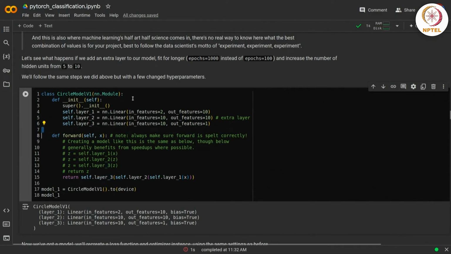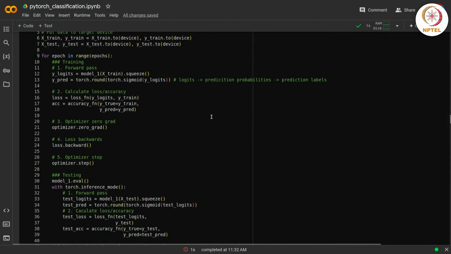Compared to the previous model, we have added an extra layer, and the out features of these linear layers have also increased from 5 to 10. So you have increased the number of layers, and also the depth of each of those layers.